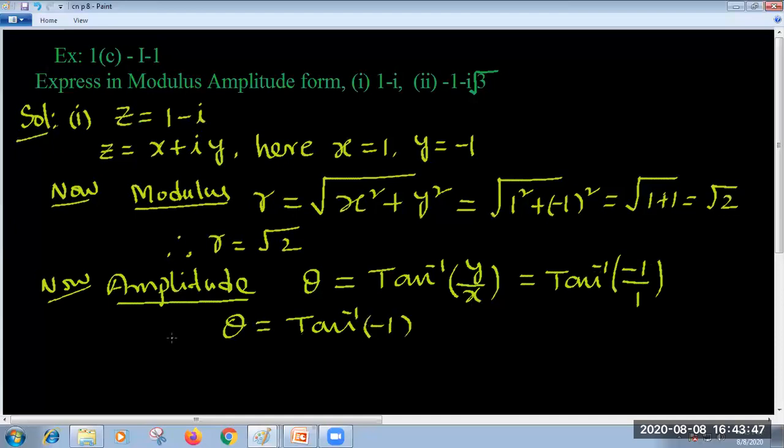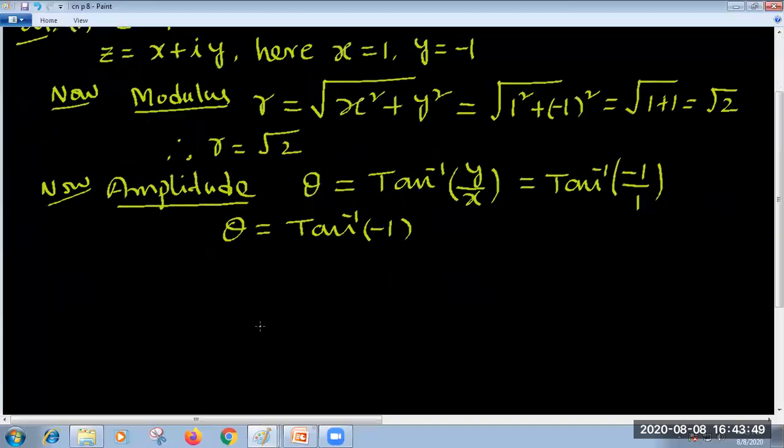Now let us remember, x is 1 and y is minus 1, so this point belongs to the fourth quadrant. Here theta belongs to the fourth quadrant.